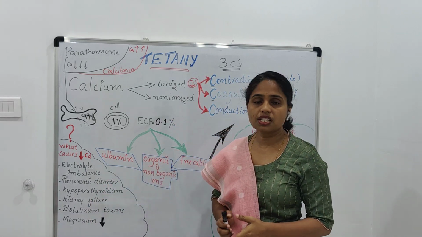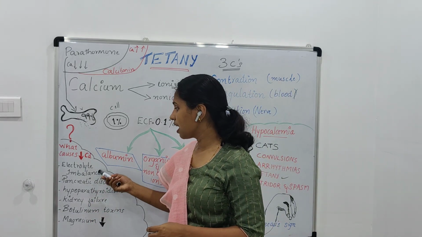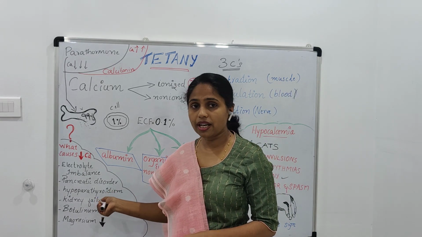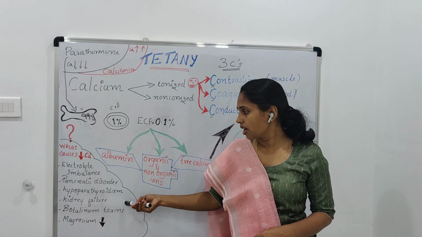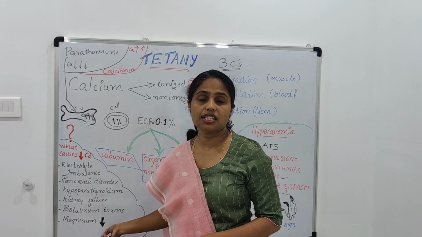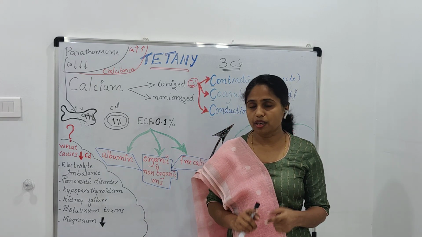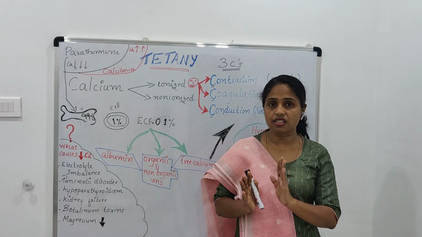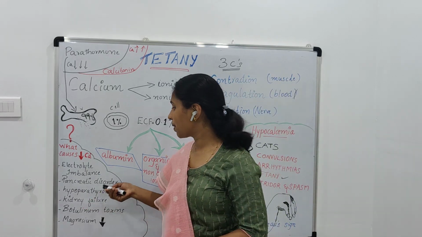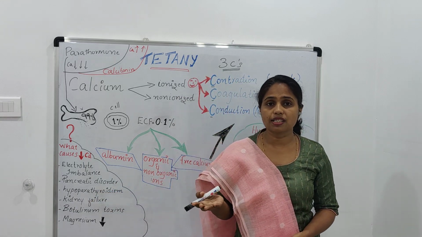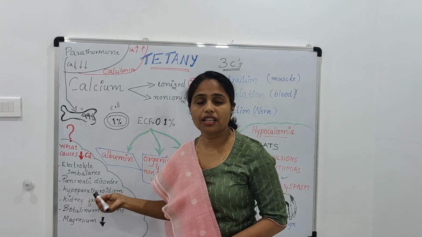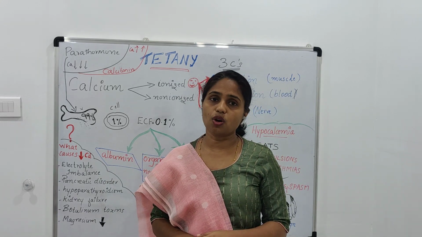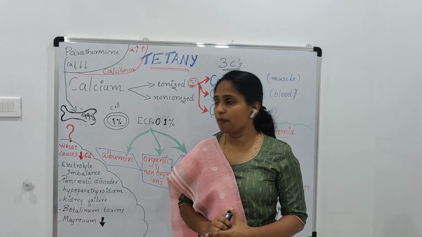Okay, so the causes are electrolyte imbalance, pancreatic disorders, parathyroid disorders or hypoparathyroidism, renal failure, botulinum toxins and decreased magnesium level. I repeat, the first is electrolyte imbalance. Electrolyte imbalance always changes the calcium level in our body, and pancreatic disorders will reduce calcium absorption. Hypoparathyroidism decreases production of parathormone and always alters calcium and phosphorus metabolism.